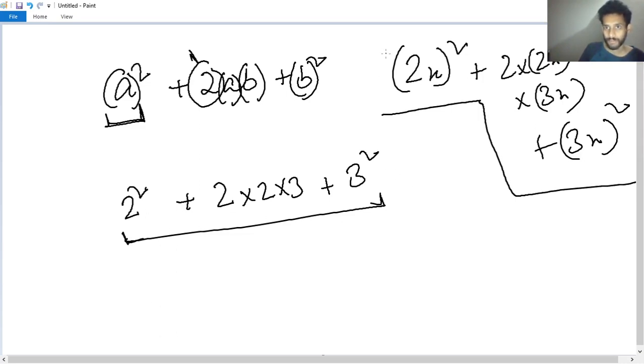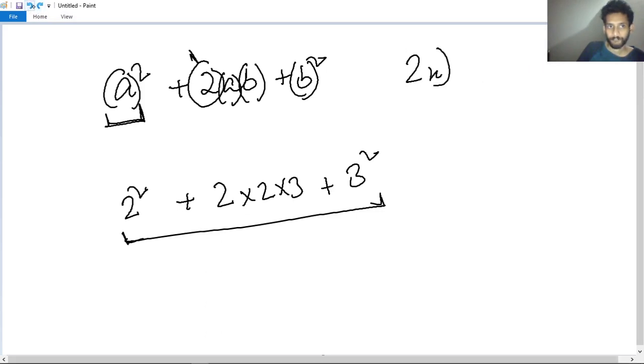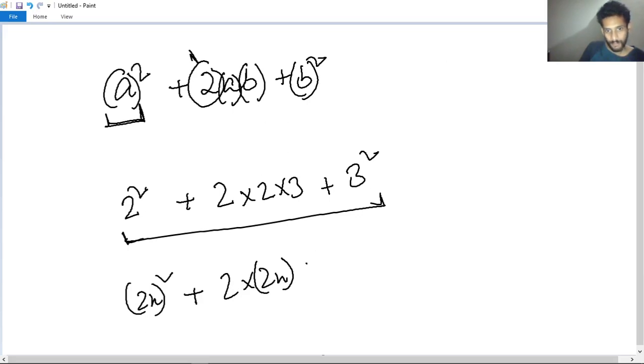Twice x whole square plus twice into 2x into 3 plus 3 square.